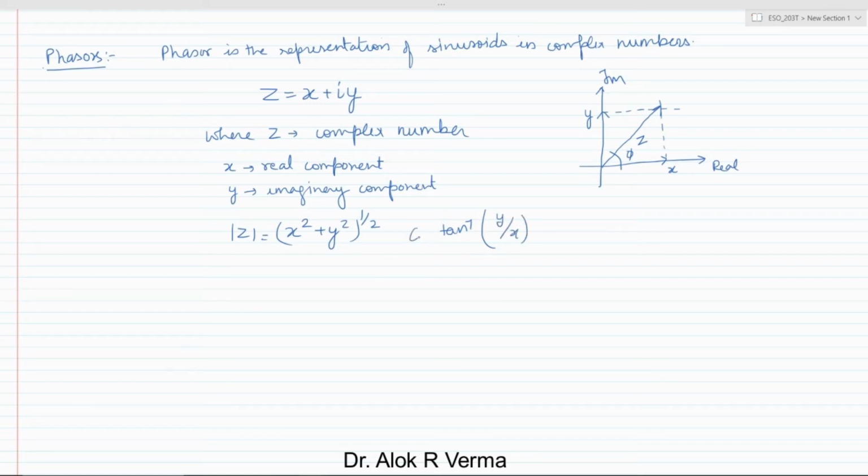So this is the representation in the rectangular or Cartesian form.